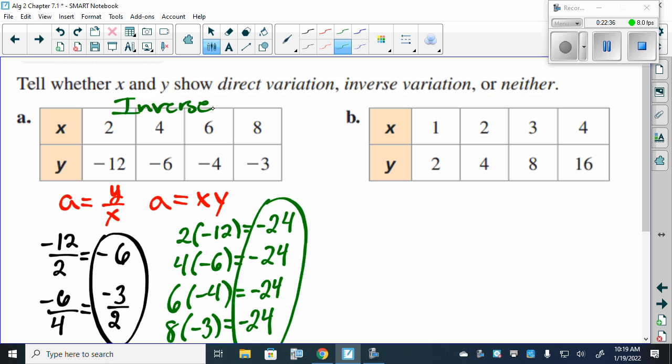And if we look at the x values and y values, 2 to 4, 4 to 6, 6 to 8, it is getting bigger. And the y values are technically getting smaller.